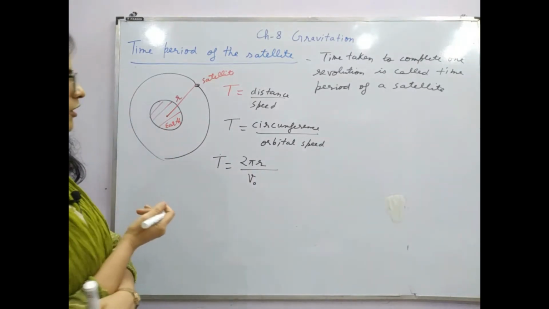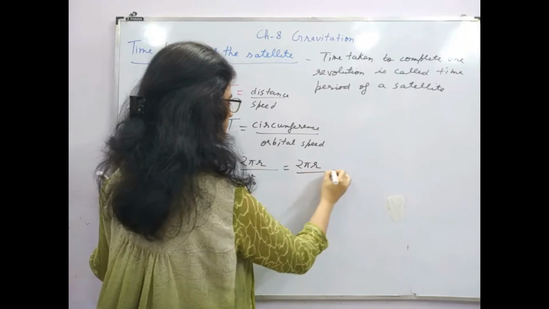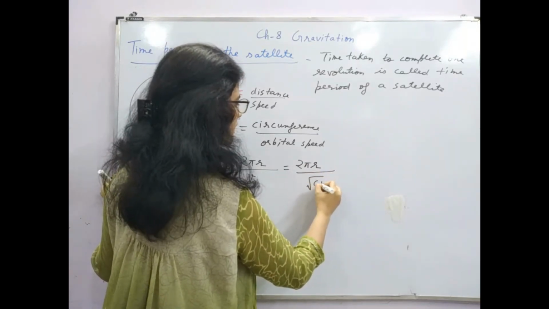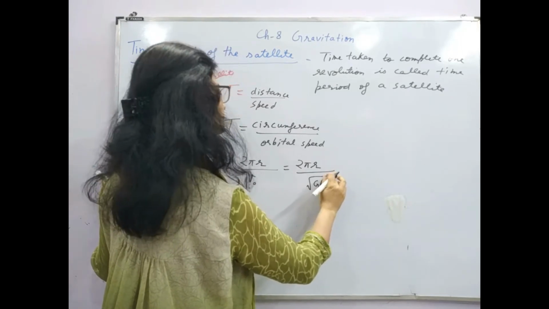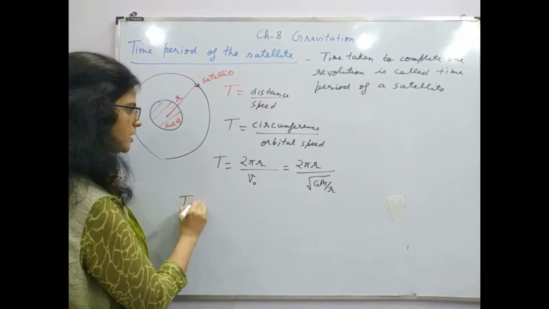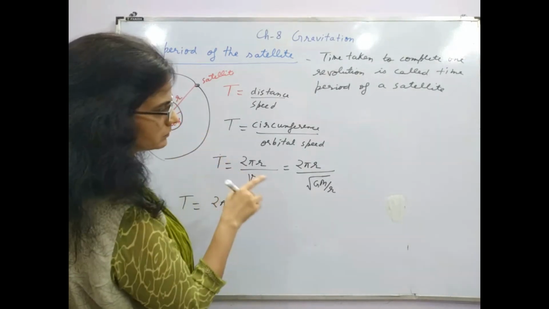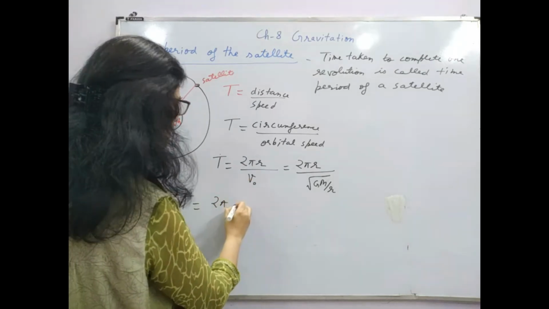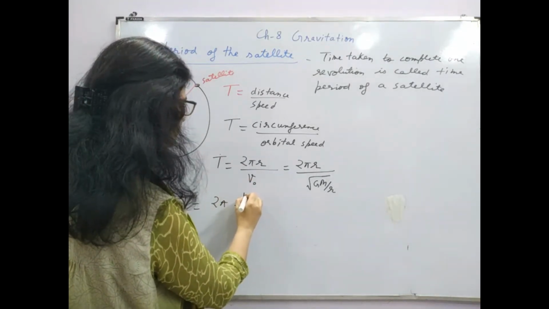We know the formula for orbital speed. The formula is under root of GM upon r. Right? So if we solve this, T is equal to 2 pi r to the power 1 plus 1 by 2.